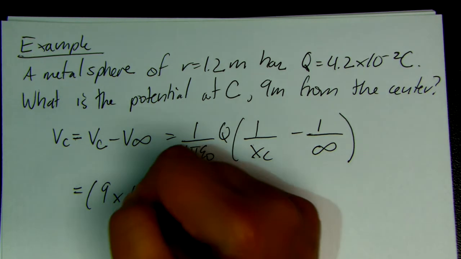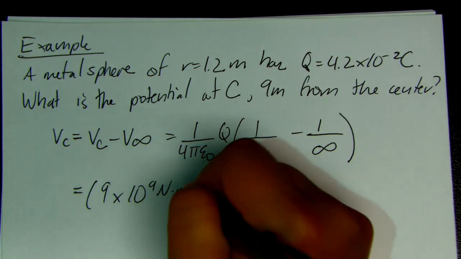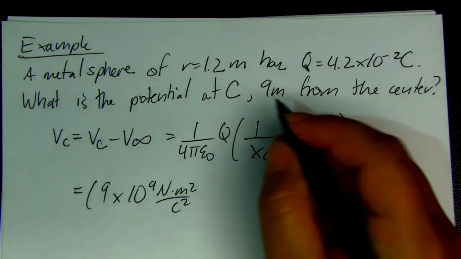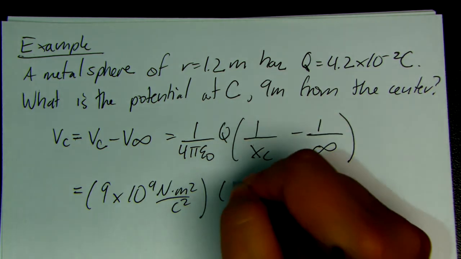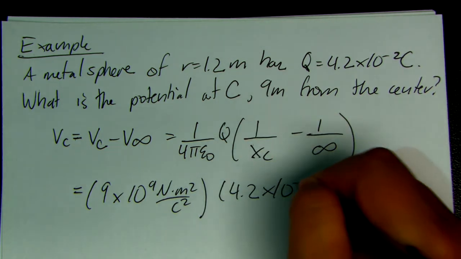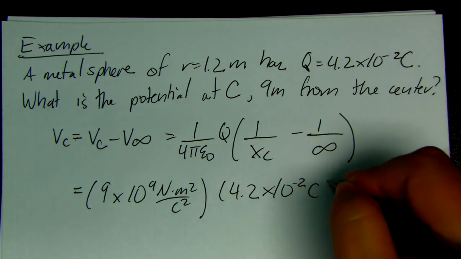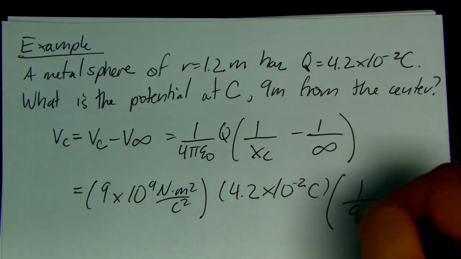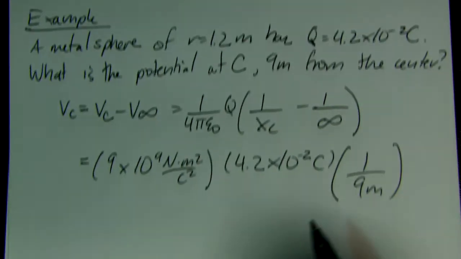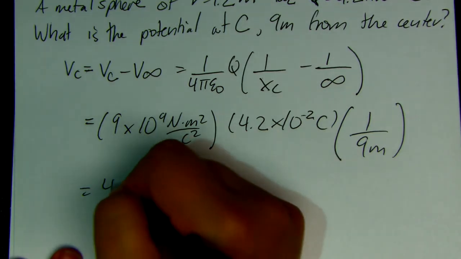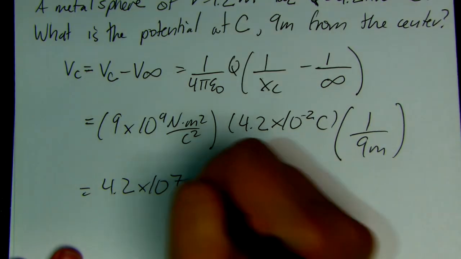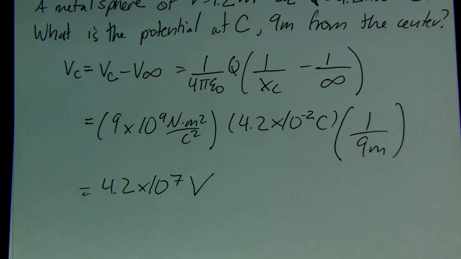So we would get 9 times 10 to the 9 newton meters squared over coulomb squared times 4.2 times 10 to the minus 2 coulombs times 1 over 9 meters. And from here, we get 4.2 times 10 to the 7 volts is the potential at 9 meters from the center.